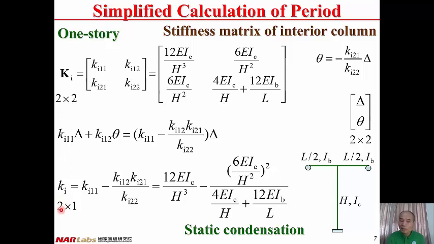This one is 1 by 1, that means that it becomes a scalar equal to 12EIC divided by h cubed minus (6EIC divided by h squared) squared, divided by 4EIC divided by h plus 12EIB divided by L. That means that after static condensation, the number of degrees of freedom is reduced from 2 to 1, and then it becomes a single degree of freedom structure.